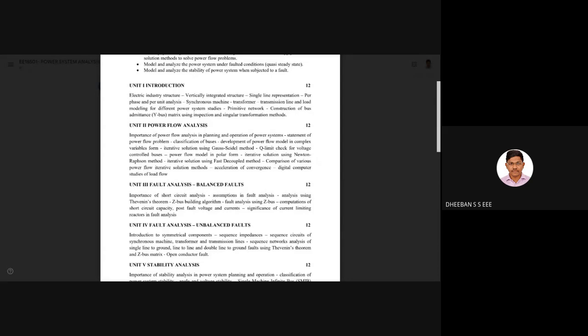Even if you are not able to get it, try it out on yourself and try to arrive at some answers, so you'll get a clear idea. And over here we have covered most of the theory parts. We have seen the importance of power flow classification.